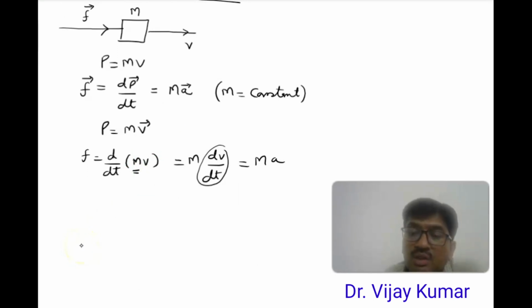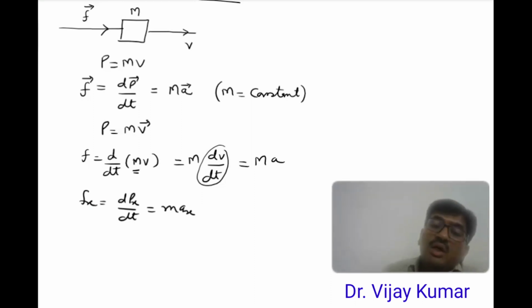If a force is applied in the x dimension, it is equal to the rate of change of linear momentum in the x dimension, or max. It means we take the x component of acceleration.